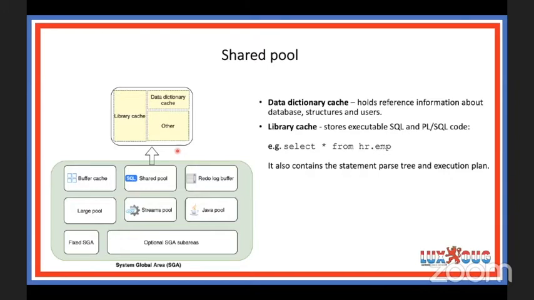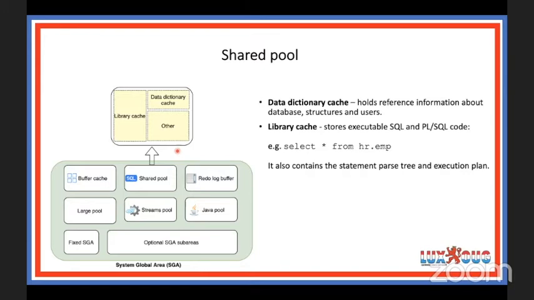For example, when one client runs the statement, let's say, select star from hr.emp. If it's the first time, the statement is not in the library cache and Oracle needs to hard parse this statement, set up the parse tree and execution plan.